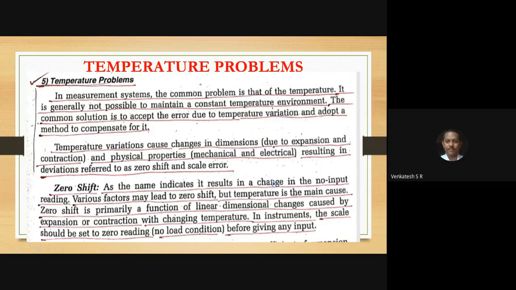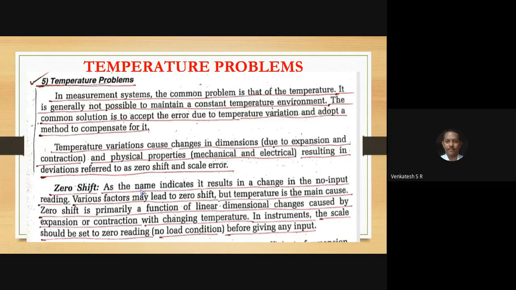Say in some of the instruments, you will not get an exact zero reading. Without input, with no input to the system, you have a little shift in the needle. Suppose you are measuring pressure in a pressure gauge, the needle is always above or after the 0 point. That is called zero shift. So neglect that zero shift while conducting the measurement.